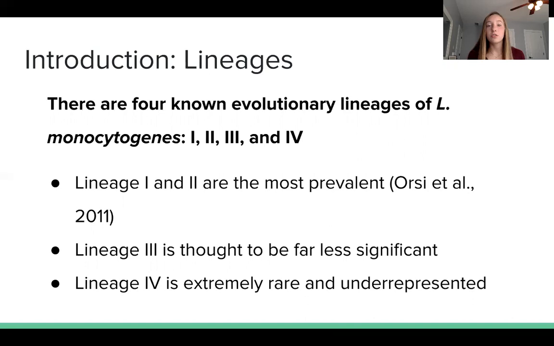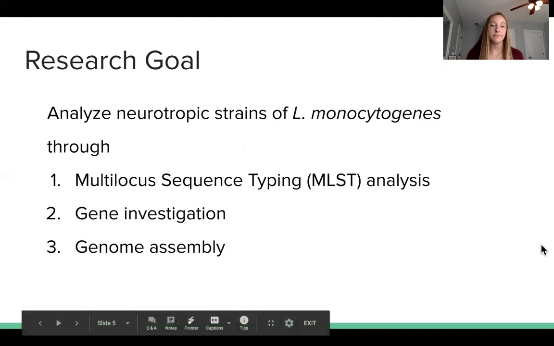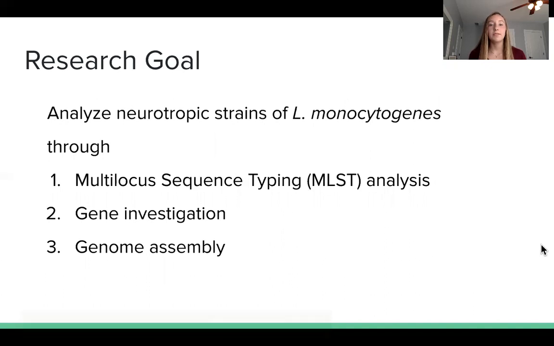There's also lineage 3, which is thought to be far less significant, and it's a little bit more rare, being only found in ruminants or non-primate animals. And lineage 4 is extremely rare and highly underrepresented. So what my research is focusing on is making the connection between lineages and neurotropism, as well as just understanding how neurotropism works as a whole.